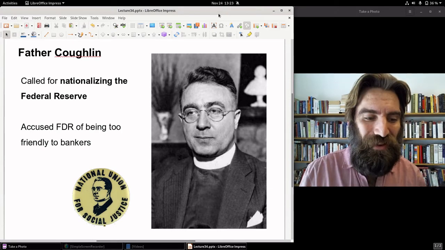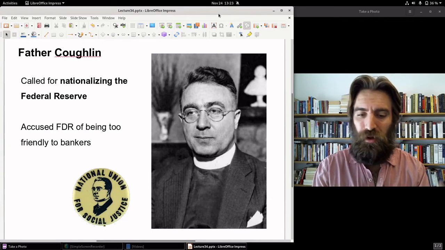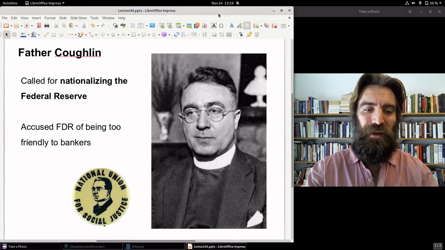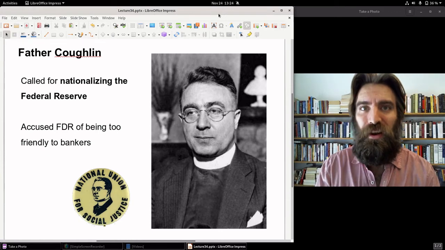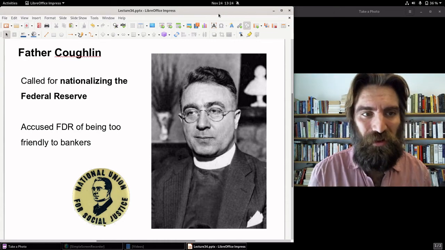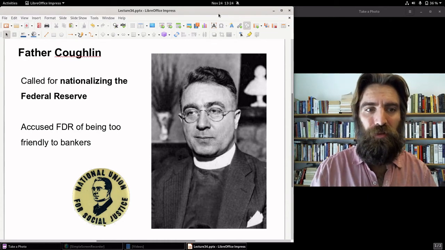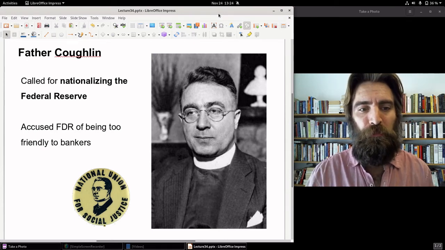However, FDR had a lot of banker allies who were all on board with the banking acts, with what they saw as perhaps bolstering their own financial position. Father Coughlin sees this and accuses FDR of making his bed with these bankers.